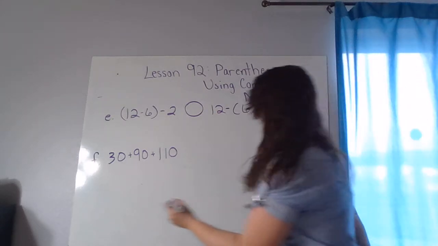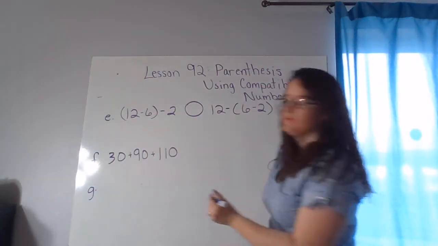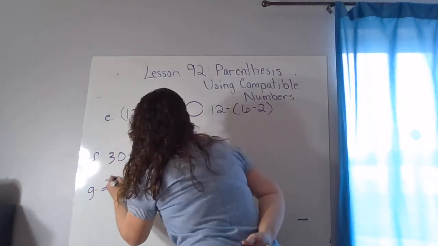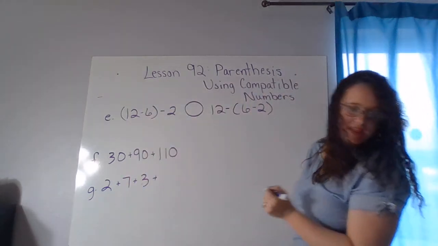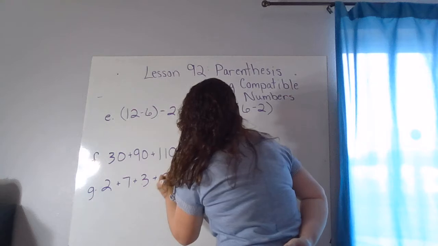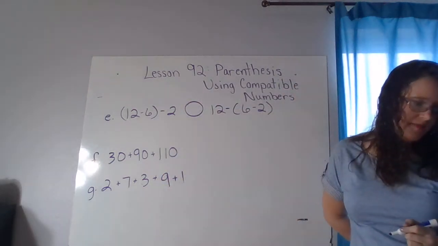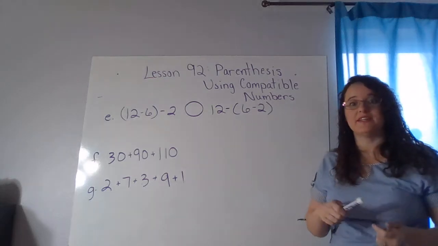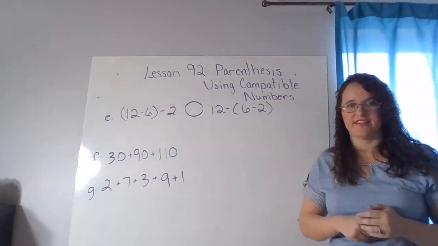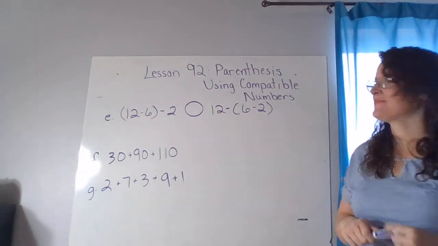G is 2 plus 7 plus 3 plus 9 plus 1. And we'll talk about H because it's a word problem after we go over these 3. So once again, pause the video, try these on your own. Come back to me when you're ready to see the answer.